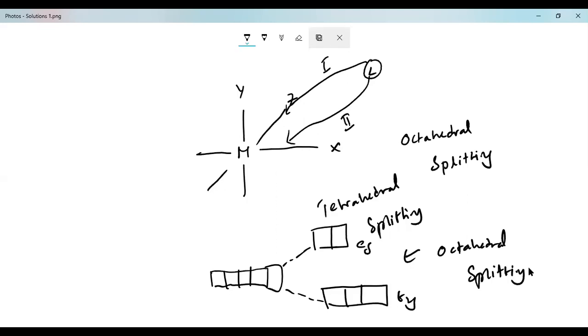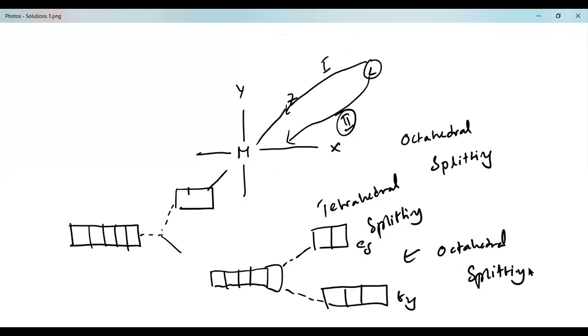Suppose we take the reverse case, where the ligand approaches the metal ion in the second path. Here the d orbitals split into two sets, but the T2G orbitals have more energy and the Eg orbitals have less energy. There are five d orbitals: dxy, dyz, dzx, dx square minus y square, and dz square.